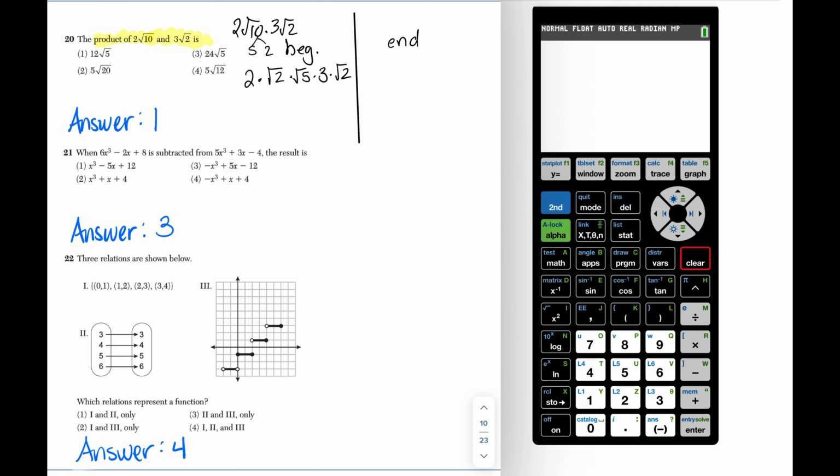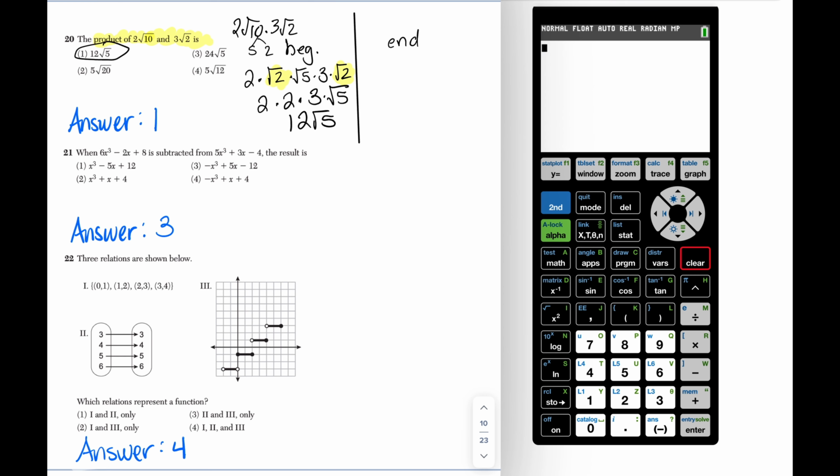Now when you do this, I notice that I have square root 2 times square root 2, which is just going to give me 2. So now I have 2 times 2 times 3. I'm going to put all my whole numbers in the front, and there's my square root 5 at the end. 2 times 2 is 4. 4 times 3 is 12. Square root 5.